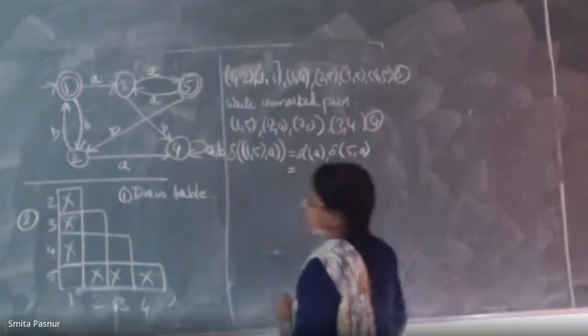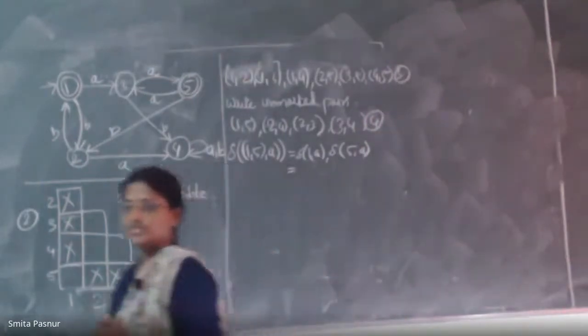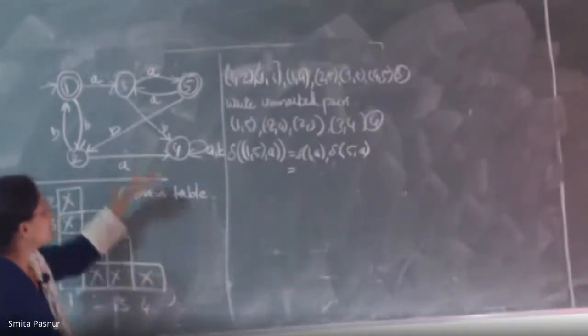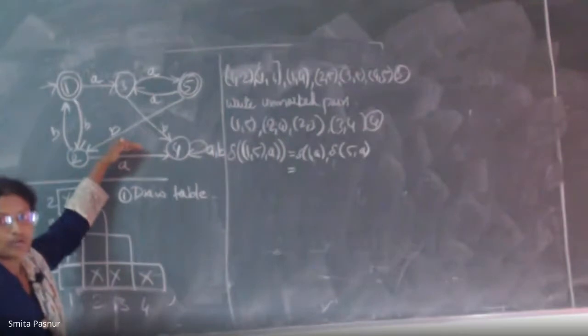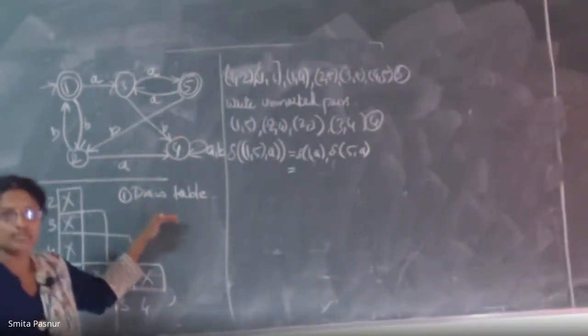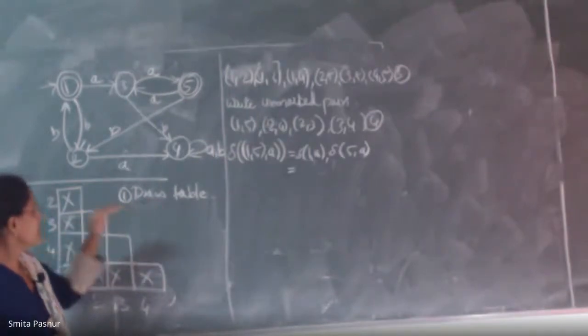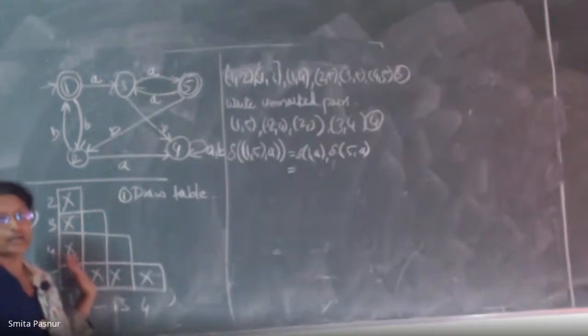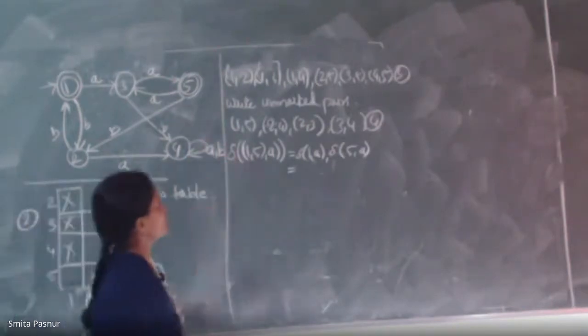Four steps are there. The first step is to construct the table by seeing this diagram. In the last lecture I told you how to write down the table, so I'm not drawing it right now, but you should draw the transition table first and then this matrix table.